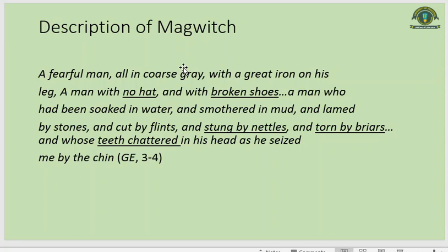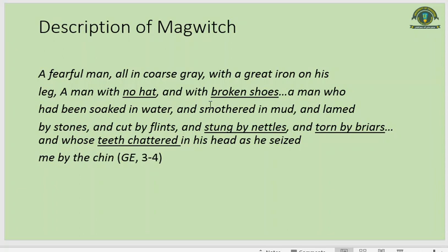But if you see through the lens of a child in front of a person who has no hat, maybe a symbol of gentlemanliness, broken shoes, deprived with poverty, smothered in mud, lamed by stones, maybe he couldn't stand on his feet, and cut by flints and stung by nettles.